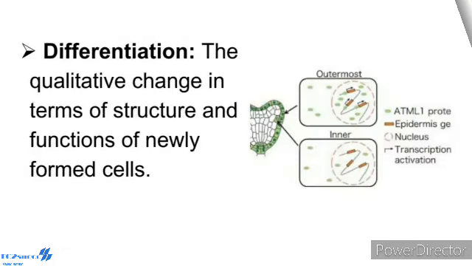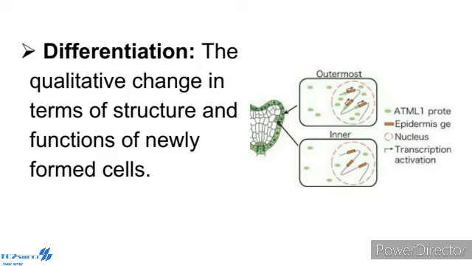Another one, differentiation, the qualitative change in terms of structure and function of newly formed cells. Growth is invariably associated with differentiation. The cells which are derived from the RAM, that is root apical meristem, the SAM, shoot apical meristem, and other meristems differentiate and mature to perform specific functions.